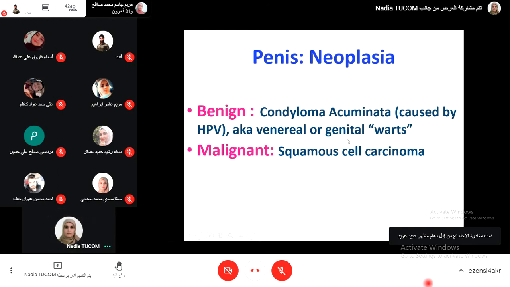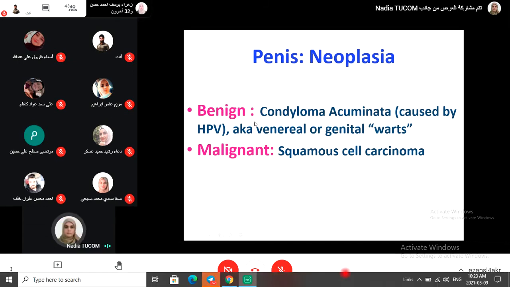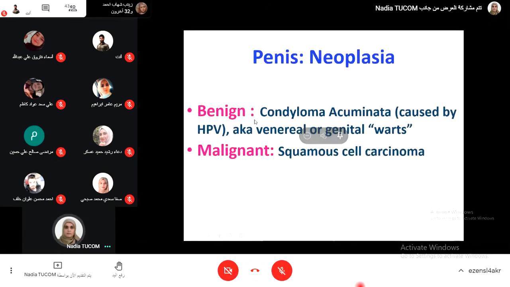It is a benign lesion, a sexually transmitted disease, caused by human papillomavirus, also called venereal or genital wart.